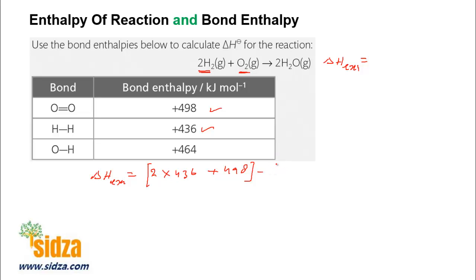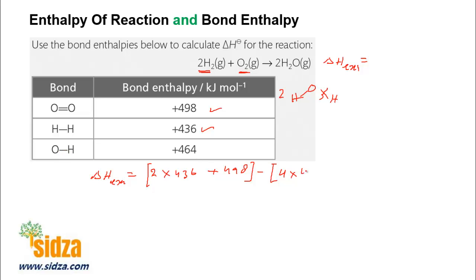I'll subtract it by the bond energy of all the products. See here in the water, 1 molecule of water, there are 2 oxygen hydrogen bonds. So for 2 moles it will be 4 times, right? There will be 4 OH bonds, correct?